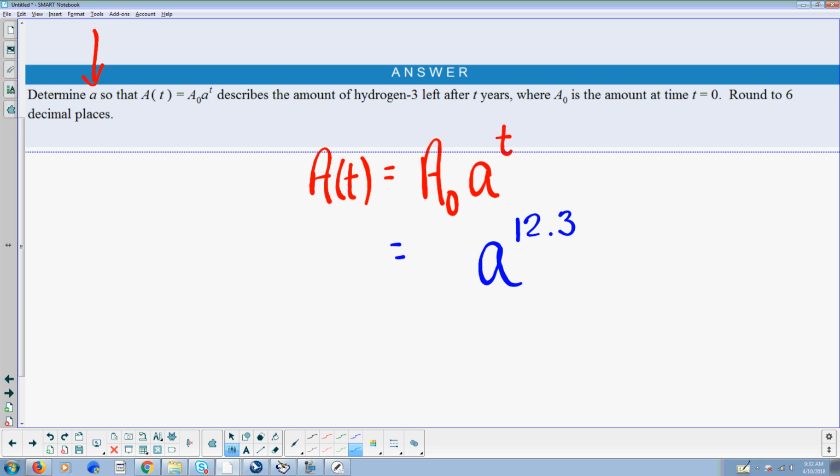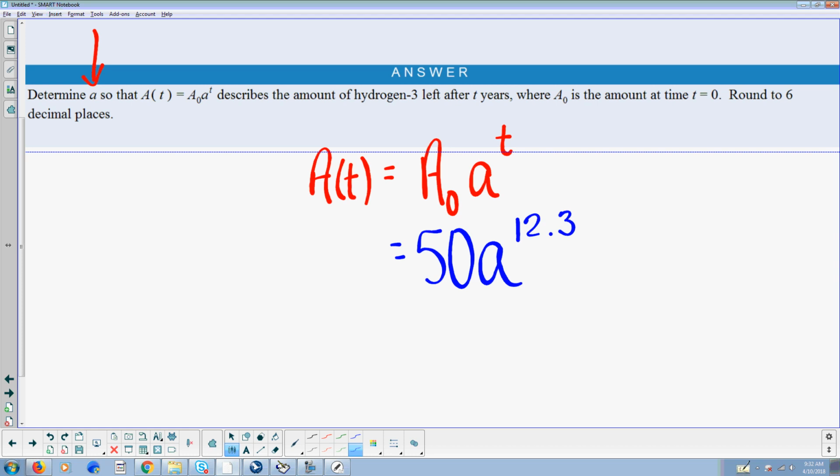So the time is 12.3. The initial amount and the amount after time, you've got to think about what are they describing here. They're describing a half-life. So if you're starting with, say, I don't know, 50 of whatever this is, then the amount after 12.3 years would be half of that initial amount.